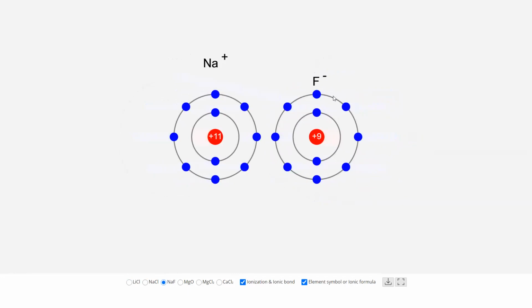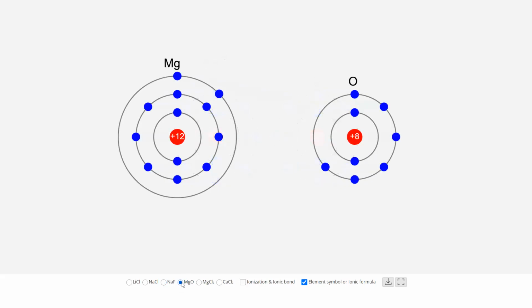Of course, these are examples with group 1 and group 7. You're not limited to group 1 and 7. And we can take a look at magnesium and oxygen. So over here, magnesium, you've got 2, 8, 2, with a total of 12 protons and 12 electrons. Now, it doesn't want 12 because that means you've got a shell on the outside that's not empty or full.